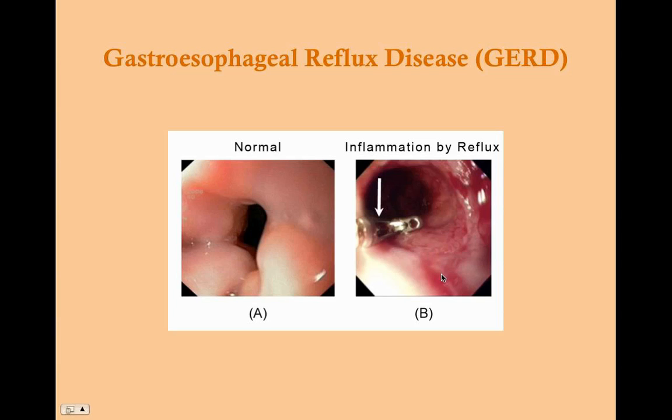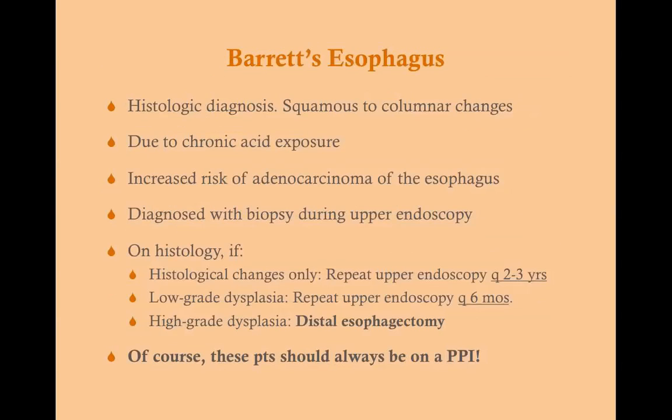This is inflammation from GERD. It might be Barrett's esophagus or it might not be. Barrett's esophagus will generally have inflammation with it, but inflammation does not always mean Barrett's esophagus. So that's important to know.